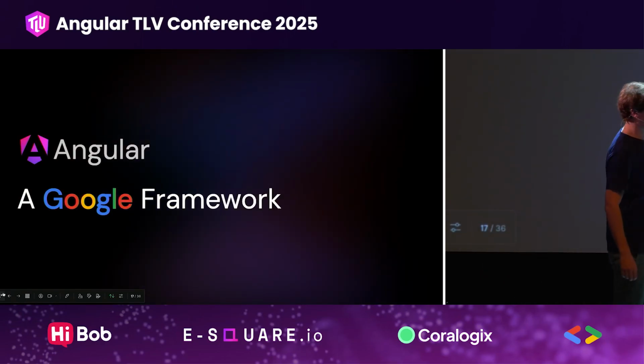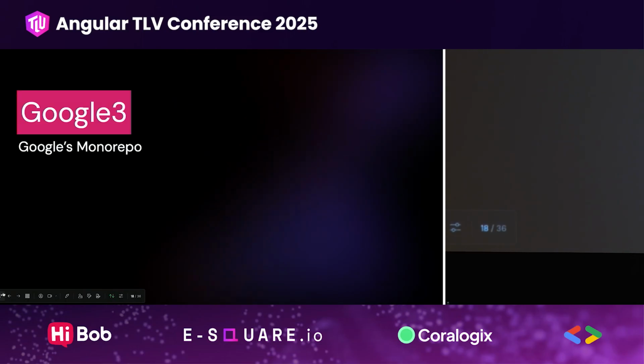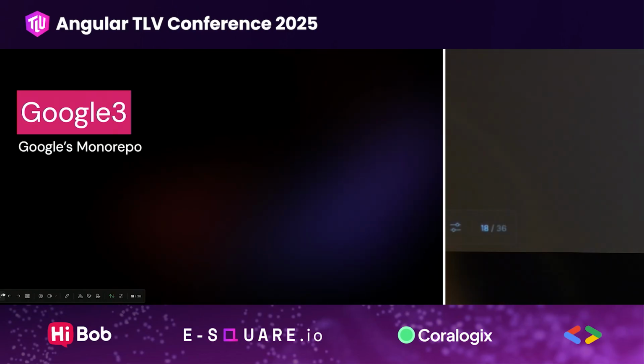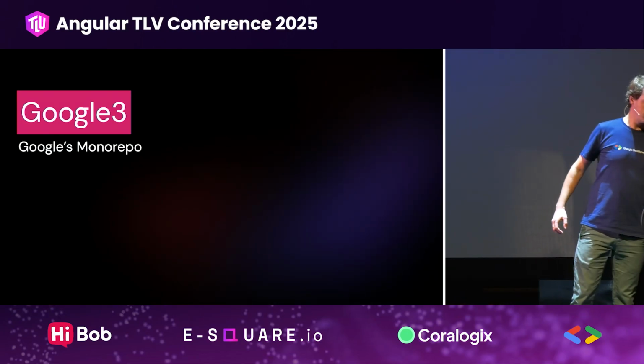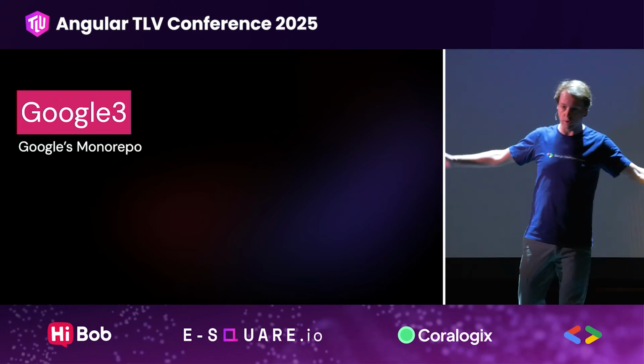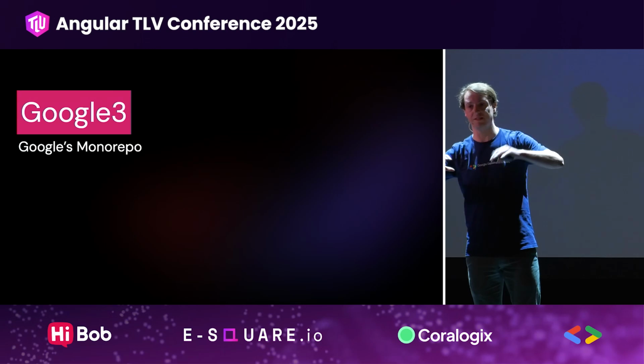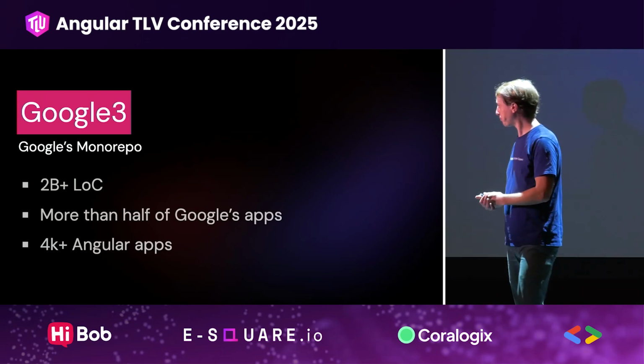But in the context of Google, Angular is a framework that is maintained by people that work full-time at Google. And at Google, we have something that we call Google 3. Google 3 is a monorepo, meaning that a lot of the code is inside a single code base.